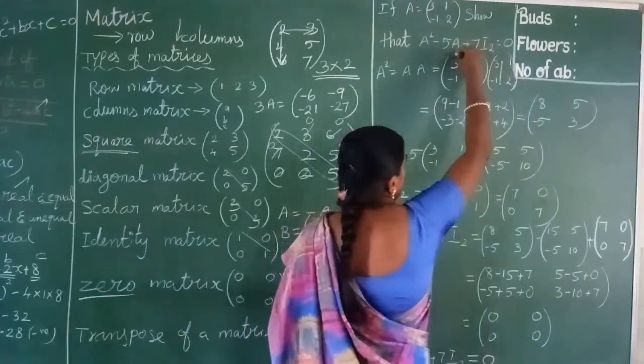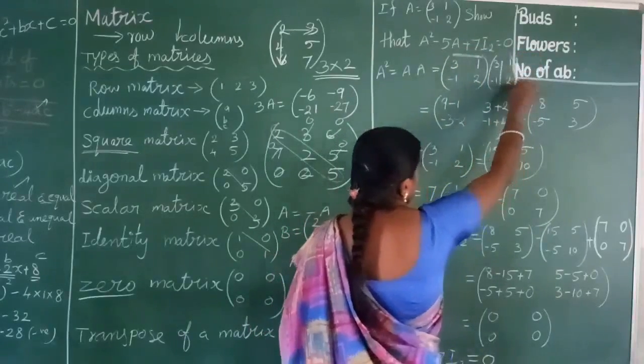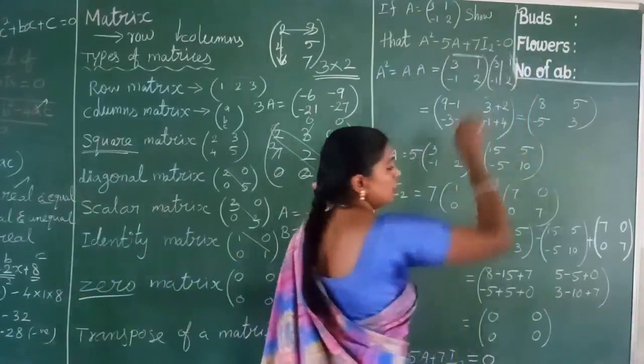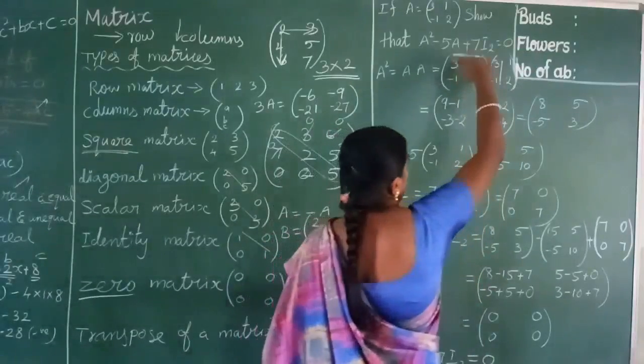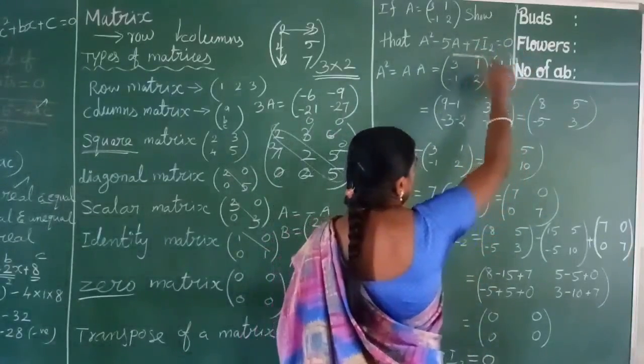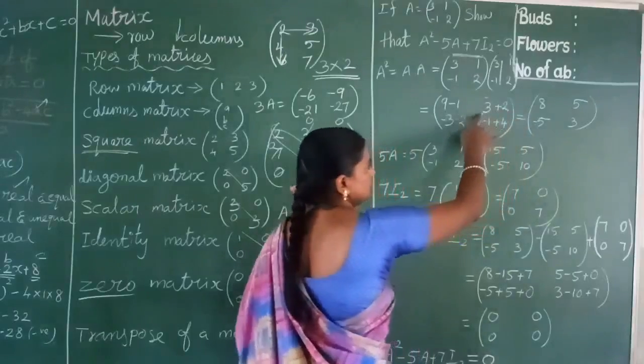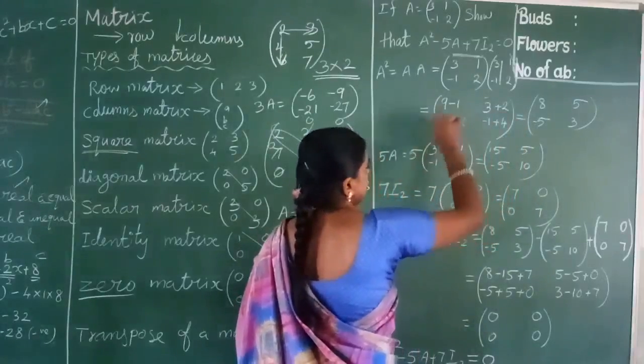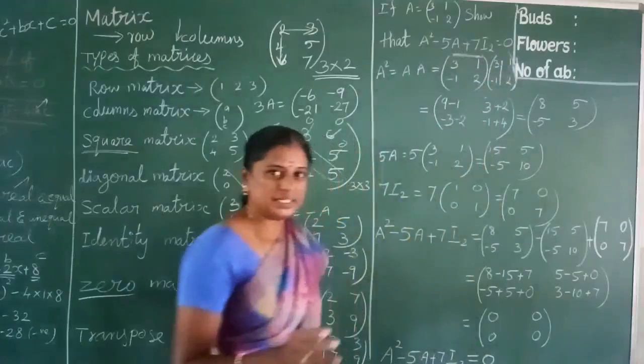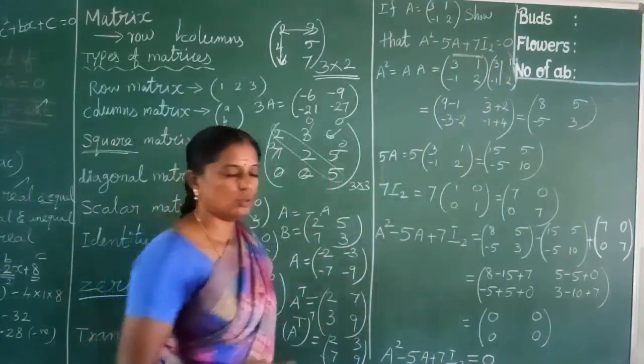Next, first row, second column position. So 3 into 1 is 3, 1 into 2 is 2, so 3 plus 2 is 5. First row is completed, next go to the second row.